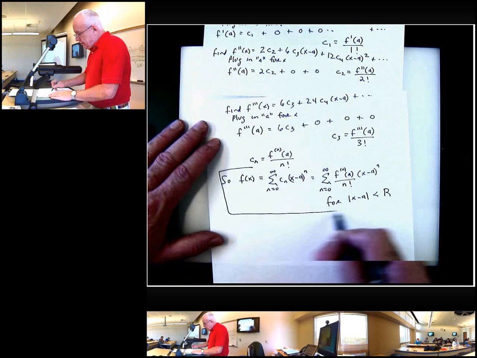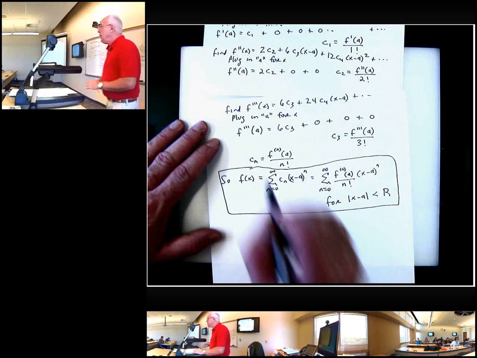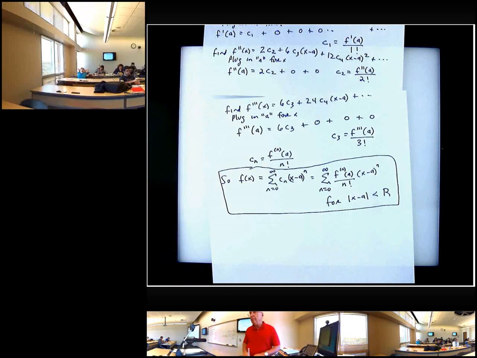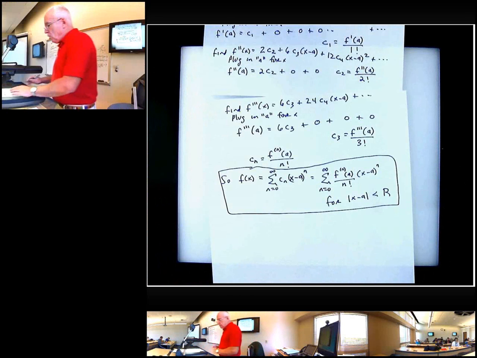If you look on that important series handout there, this is the second from the bottom. This is a Taylor series representation.